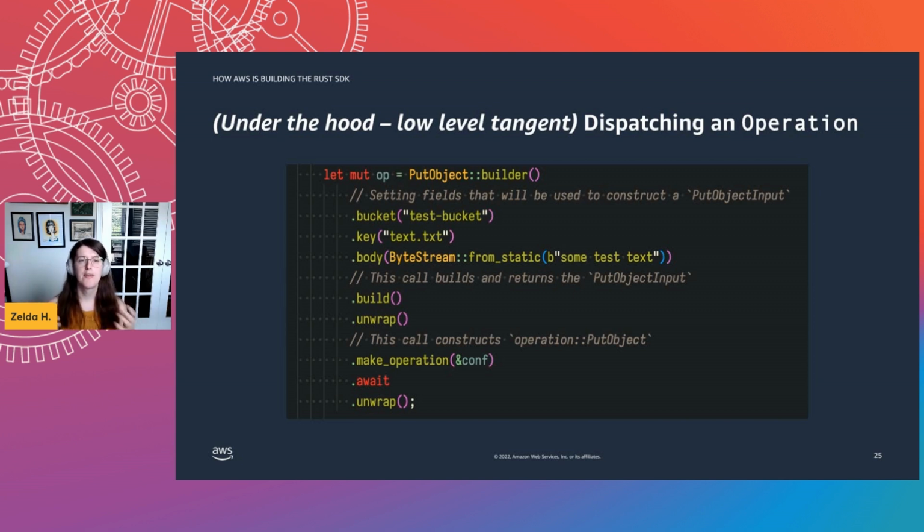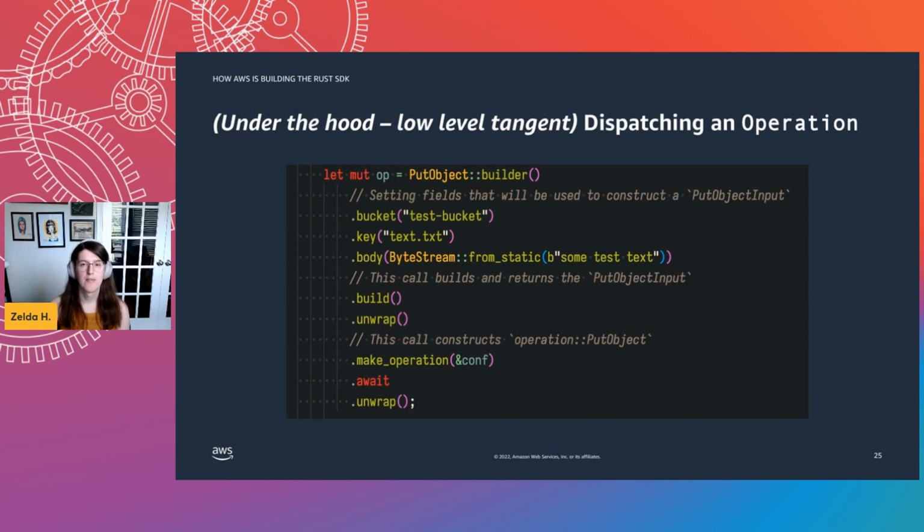Then we call build. That takes that builder that we just constructed, turns it into an input. And that could fail, but since this is a test and we know it's not going to fail, we just unwrap. Then we call make operation on that resulting input, and we have to pass the service config into it, just like we saw was happening for us when we called send originally. And we have to await that, just like I talked about before.